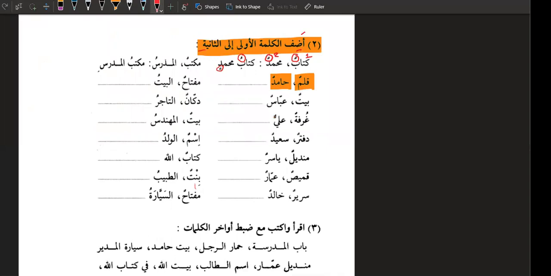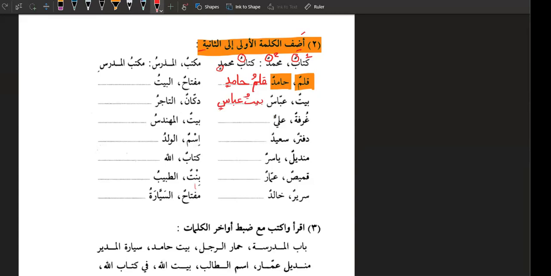So that is قلم حامد. So we would write qalamu one dhamma and then hamidin. So now it becomes Hamid's pen. Qalamu hamidin. Ismail, baytun abbasun. بيت عباس. So we have baytu one dhamma abbasin two dhammas. So Abbas's house.